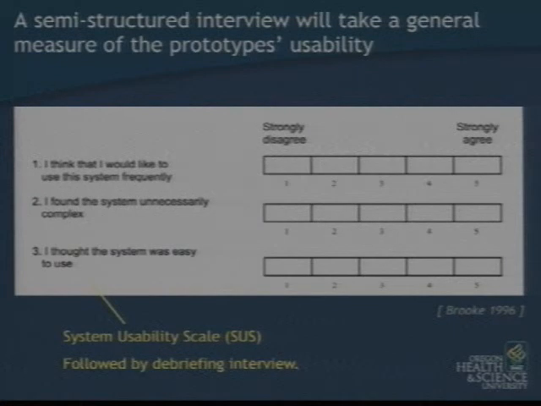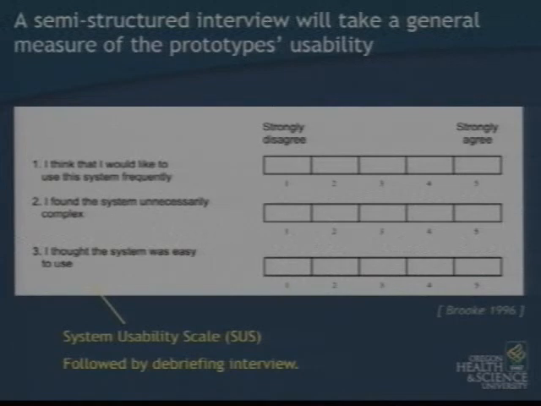The final inspection method involves a short written survey and a debriefing interview with each user. So this will help capture general measures of the prototype's usability. It's called the System Usability Scale. It's a 10-item Likert scale that provides a global view of subjective assessments of usability, a few examples of which are shown here.